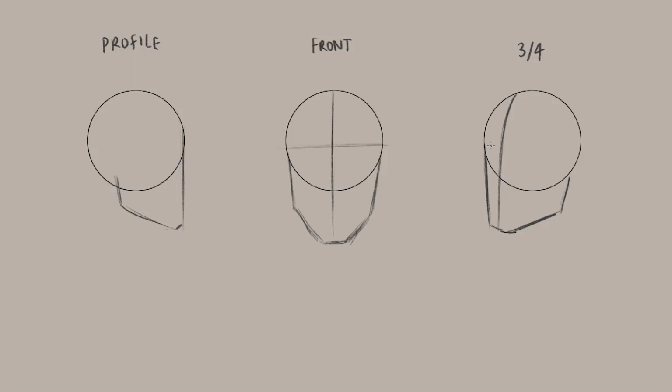Sometimes I like to draw a line through the centre of the circle to determine where the eyes will go. And then occasionally I'll draw ears, but I'll get more into details with ears later.